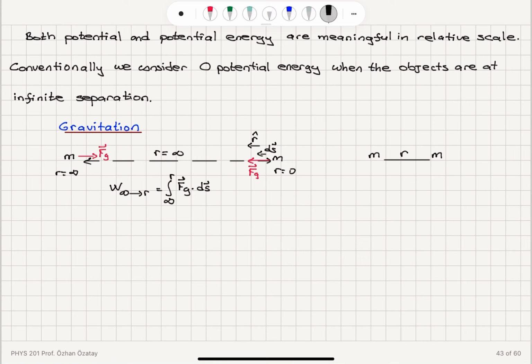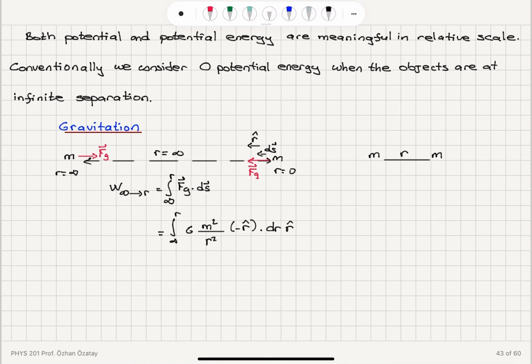This is going to have a value, the integral from infinity to r. The gravitational force between the two masses is gravitational constant G, m1 m2, which is m square, divided by r square, and it's an attractive force, so it's pointing in the minus r hat direction. This is going to be a dot product with dr in the r hat direction. Why?